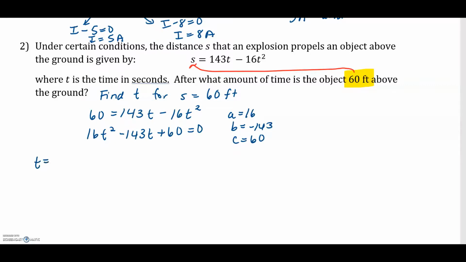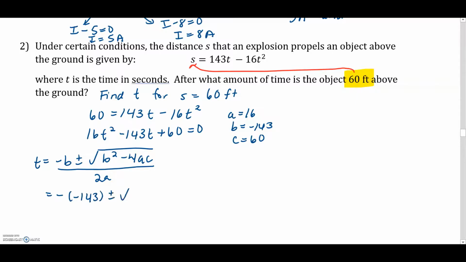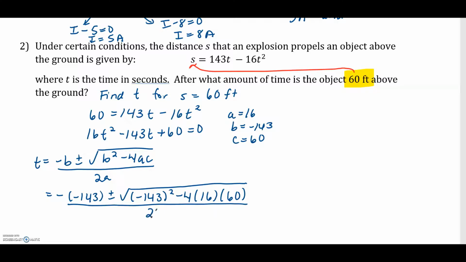Therefore, t is equal to negative b plus or minus the square root of b squared minus 4ac all over 2a. Subbing in the given values, we get minus negative 143 plus or minus the square root of negative 143 squared minus 4 times 16 times 60, all over 2 times 16.